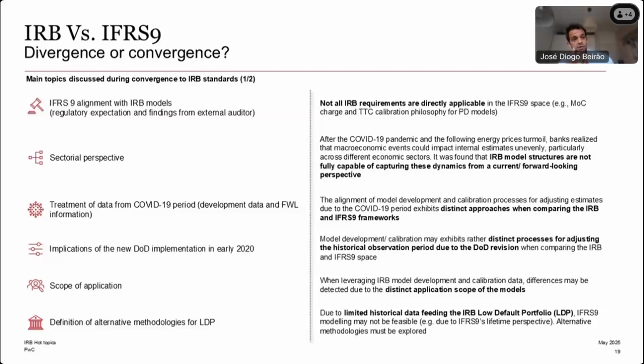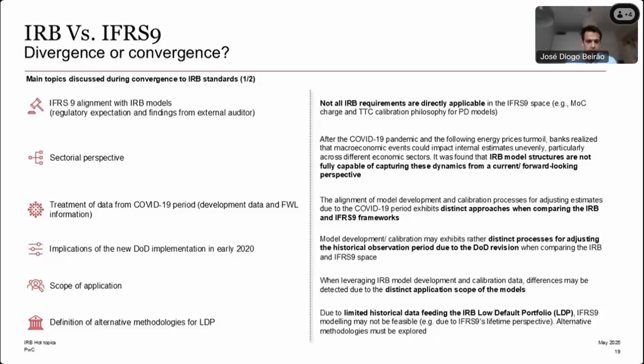And what we observe is that on the IFRS 9 side, typically we don't see some alignment on the way that the bank can do these adjustments. Even the techniques that are being employed may be rather distinct. This is, of course, an area where some convergence can be done.